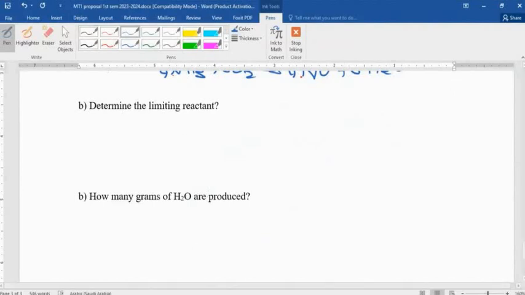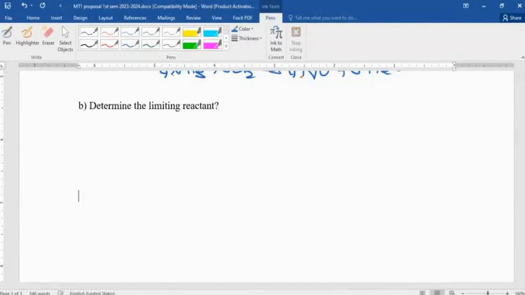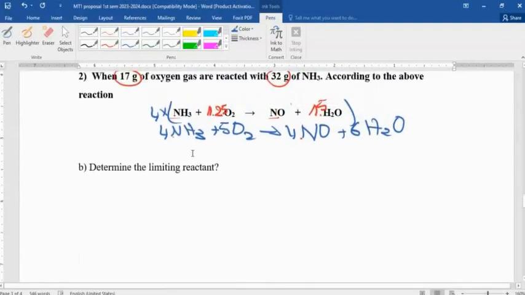The second question asks how many grams of water are produced. So I will use the amount of water produced, and like that I will hit two birds with one stone. I will determine the limiting reactant and the amount of water produced at the same time, and I answer my question.